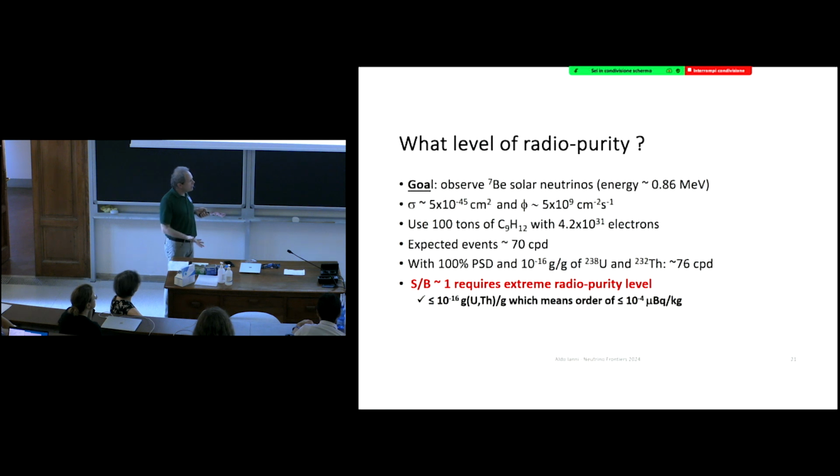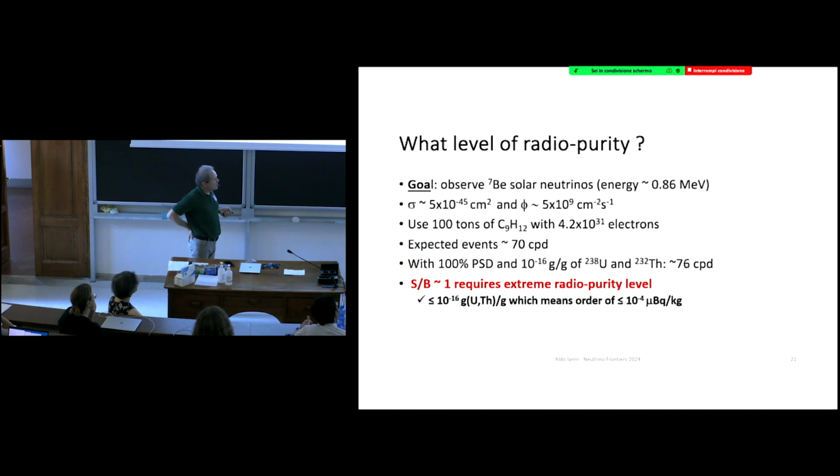So what about radioactivity? If you assume 100% efficiency in pulse shape discrimination, namely in the ability to reject alpha background, and you allow this radiopurity, then you have about the same number of expected events. So the signal to noise is of the order 1. We want to have at minimum signal to noise of the order of 1.